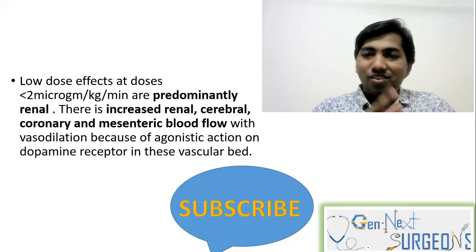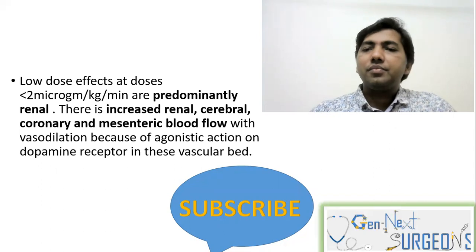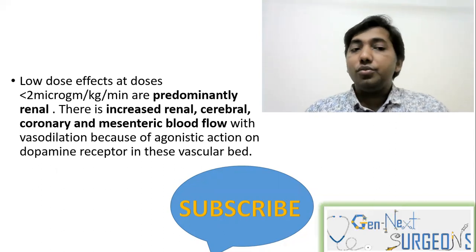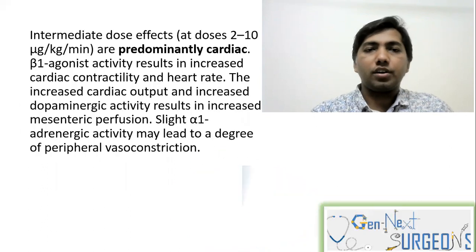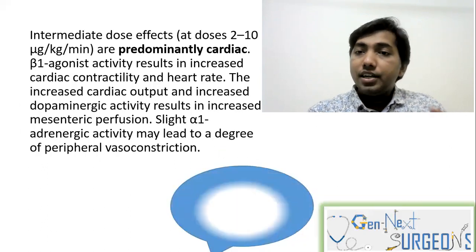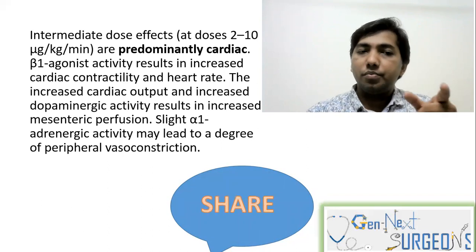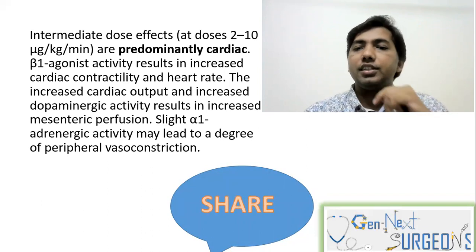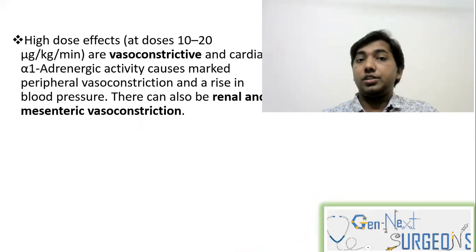Keep that in mind. In low dose, it doesn't cause vasoconstriction. It causes vasodilation actually due to dopamine receptor activity. So in low dose, it will not work. Intermediate dose is predominantly cardiac, and that will cause beta 1 activity, which will increase the heart rate. And high dose is vasoconstrictive.